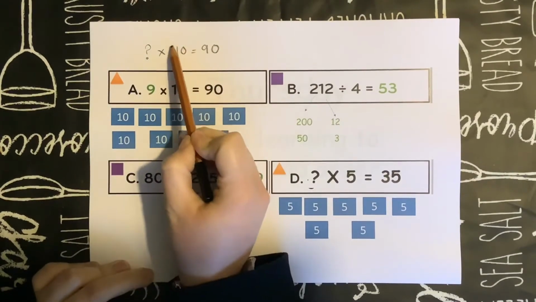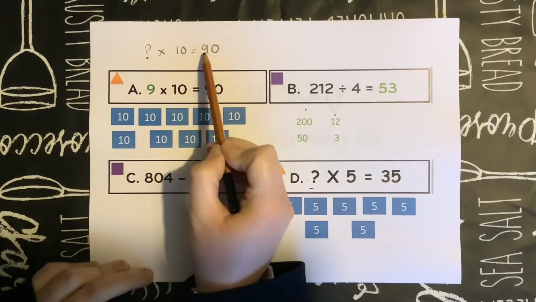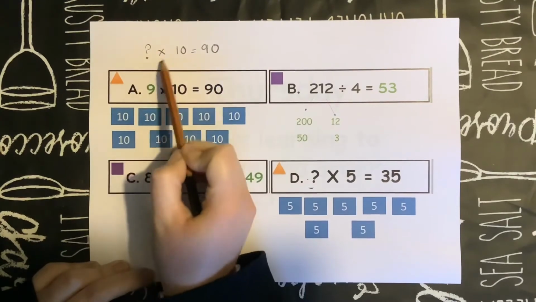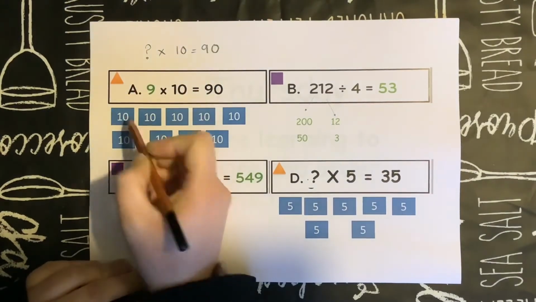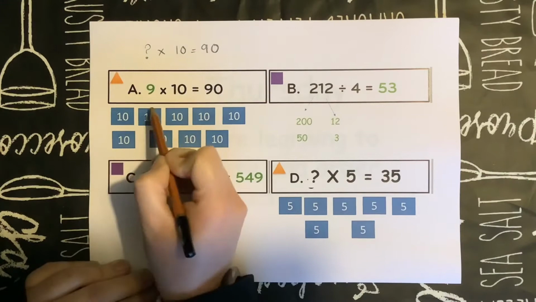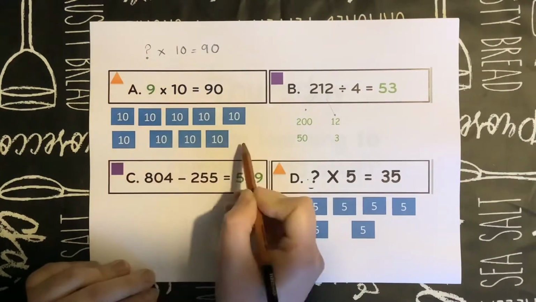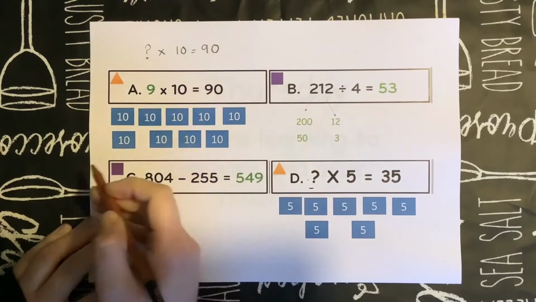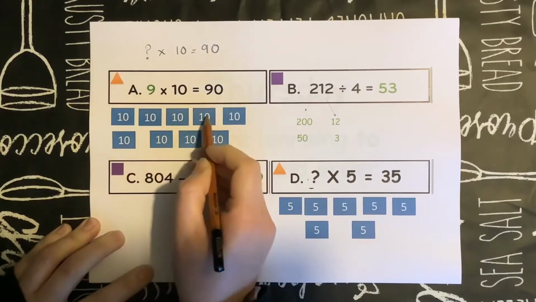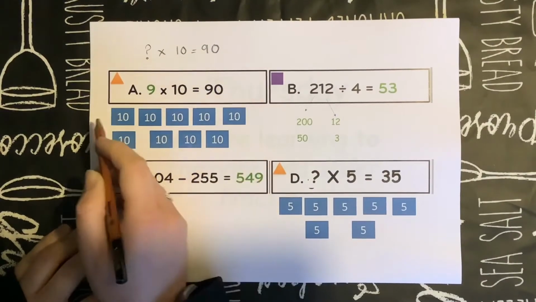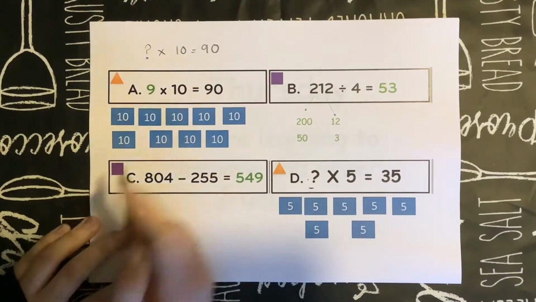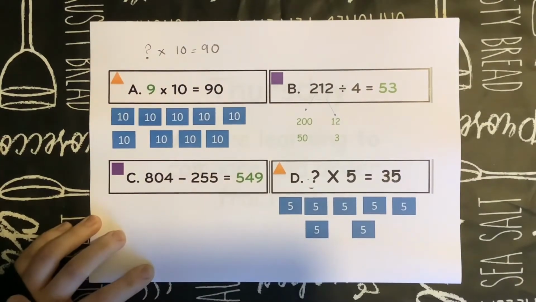I make groups of 10 until I've used all 90, and that will tell me how many groups of 10 I had. I made a group of 10, another group of 10 for 20, another for 30, all the way up until I had 90, and then I looked, I had 1, 2, 3, 4, 5, 6, 7, 8, 9 groups of 10. So that told me that 9 was the missing number.